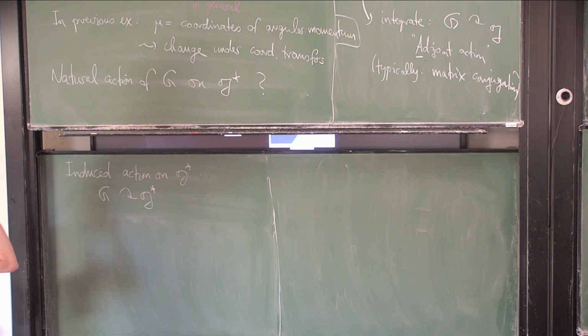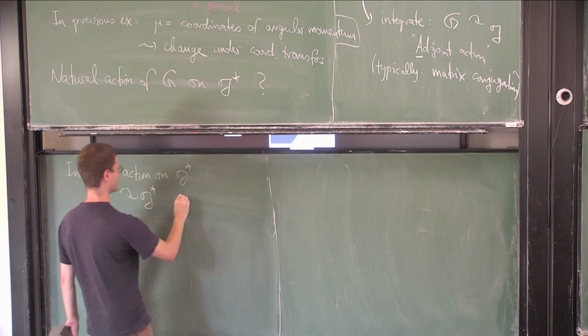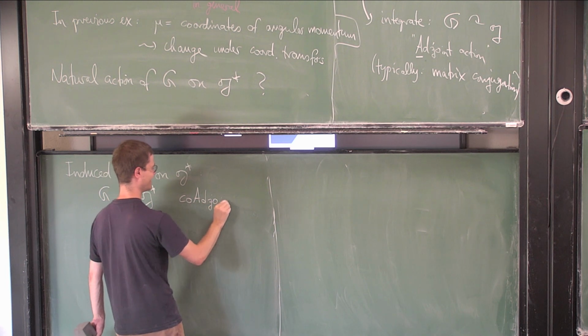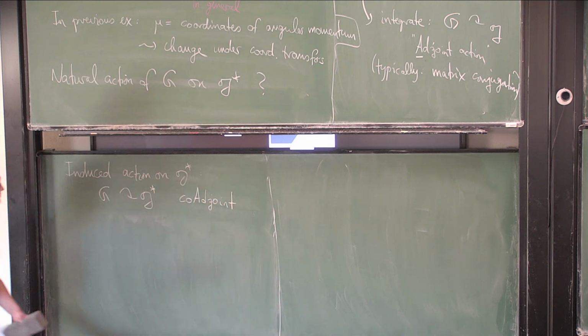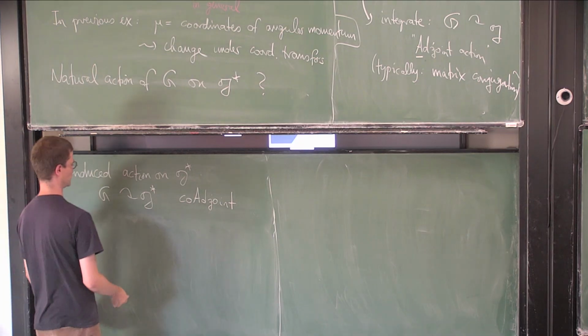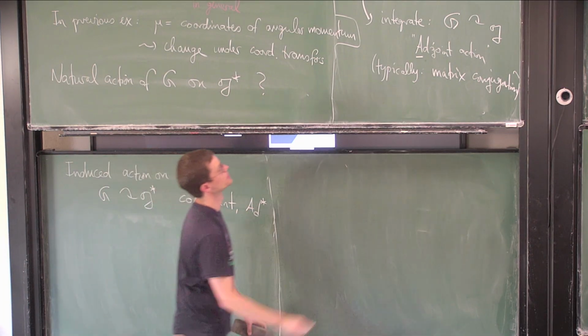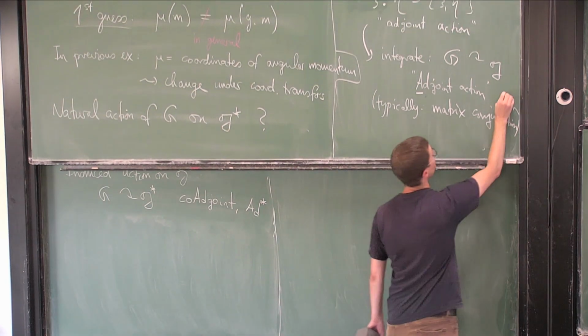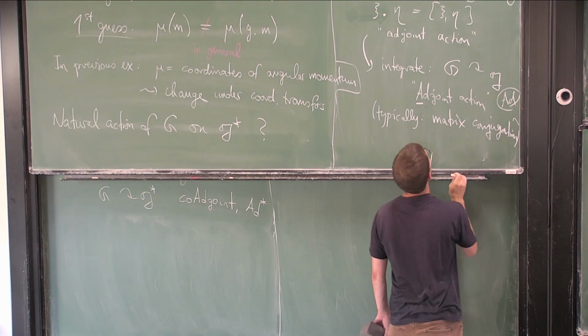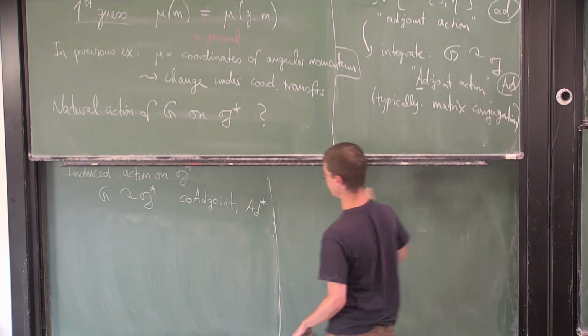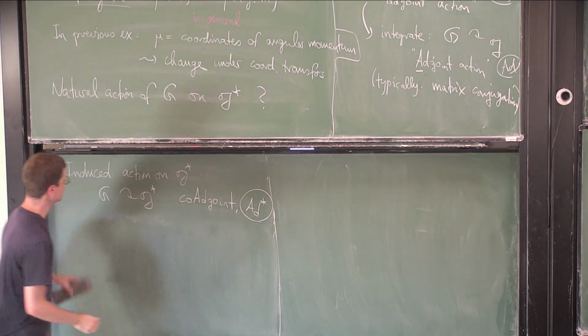It's typically written Ad star. So this is small ad, big Ad, and this is big Ad star. How is it defined?